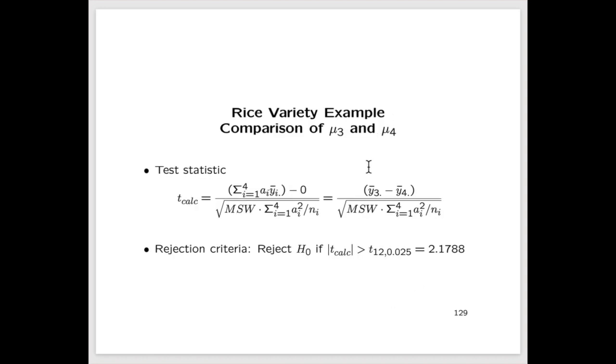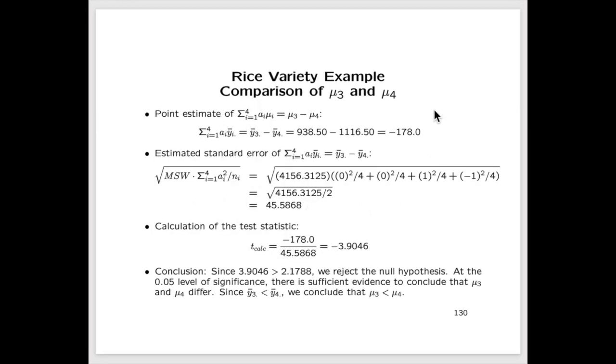And so the numerator of the test statistic would be y bar 3 dot minus y bar 4 dot. All right, we would calculate the estimated standard error of that point estimate according to this formula in the denominator. And the criteria is to reject the null hypothesis if the absolute value of t-calc exceeds 2.1788. The point estimate of mu3 minus mu4 turns out to be negative 178.